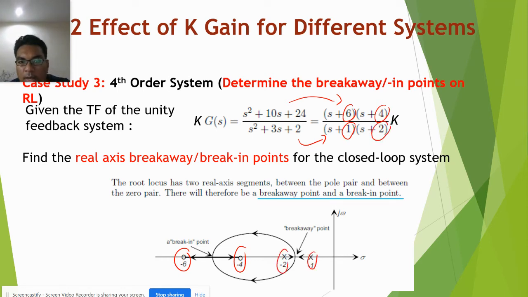From this we know that there will be two lines, one going this way and another going this way, and they meet again to go to the zero positions. Still remember that the root locus plot starts from the poles and will end at the zeros. So how do we determine these two breakaway and break-in points?